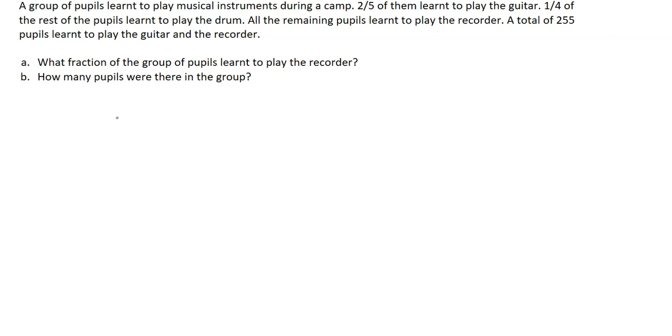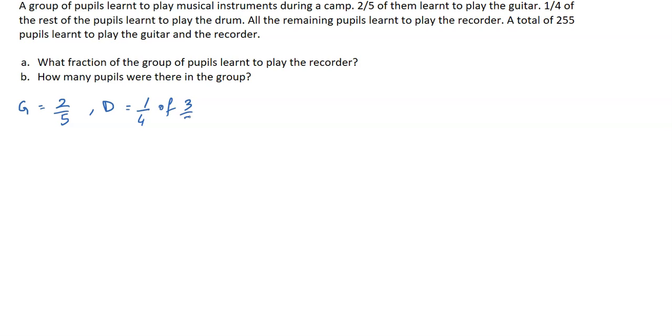Okay, so now let's work on this by writing down all the information that we have. I will say that the guitar students is 2/5. My drum students, who play drums, are 1/4 of the remainder, right? So it is 1/4 of remainder. So 1 whole minus 2/5 will give me 3/5.